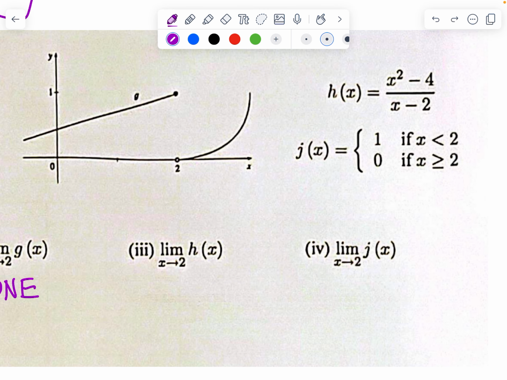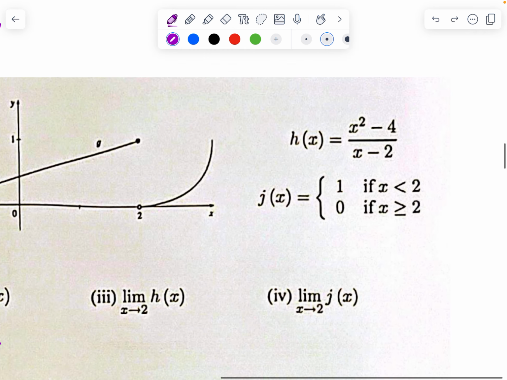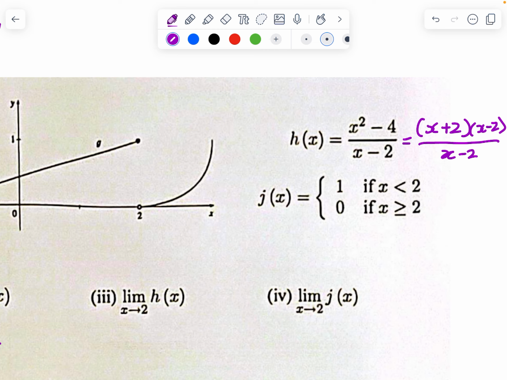Moving on to h of x. Now here we have an equation instead of a graph. When it comes to an equation, does that mean we have to graph it? Well, no, we can also do it just by simplifying the equation. So we could expand this and we can get something like this, x minus 2. And so here we can cancel out x minus 2.